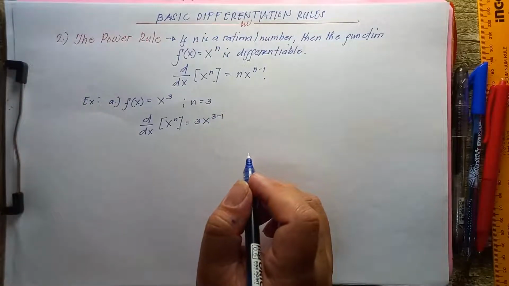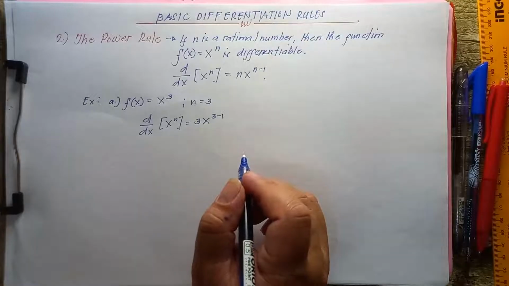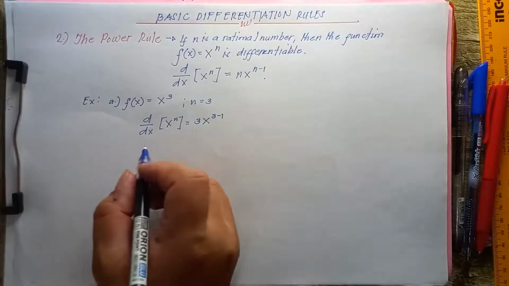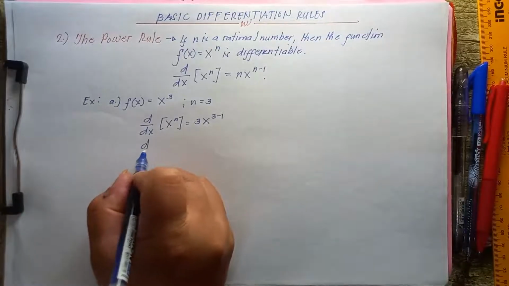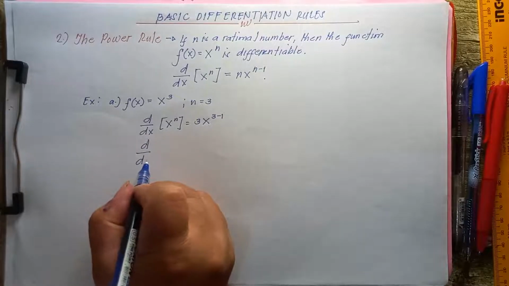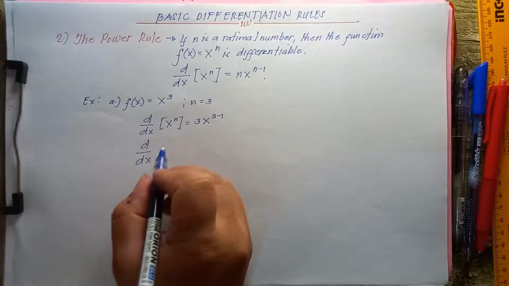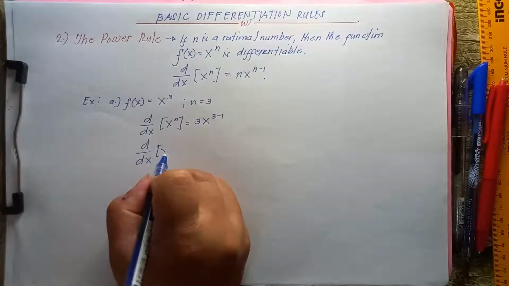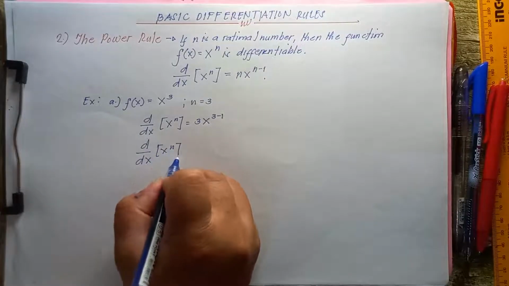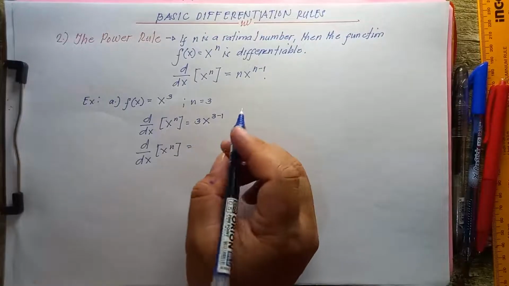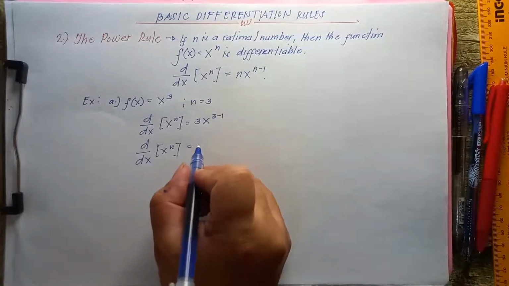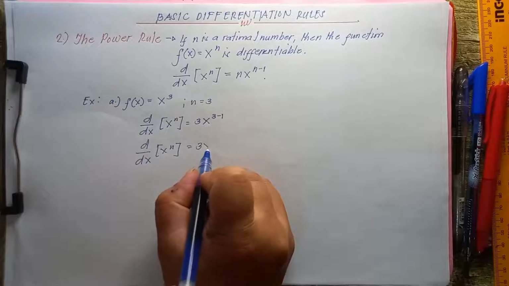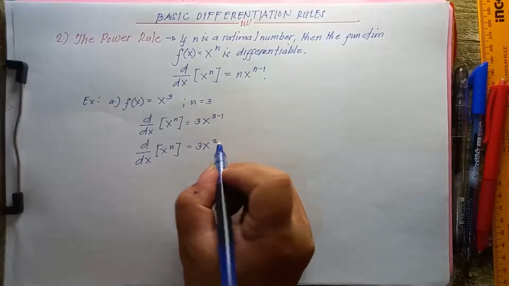Okay, so we can have now the result: d over dx of x raised to n is what? Notice that is the same as 3x raised to 2.